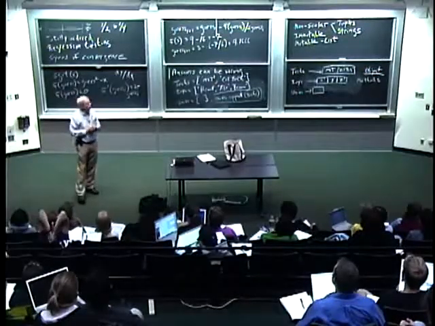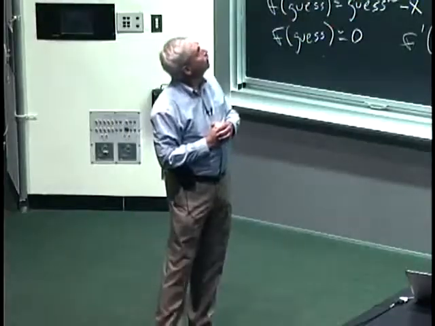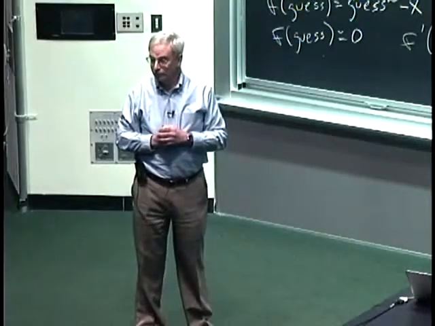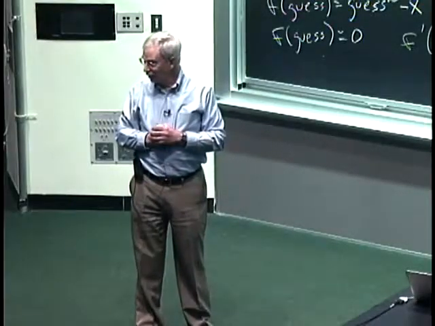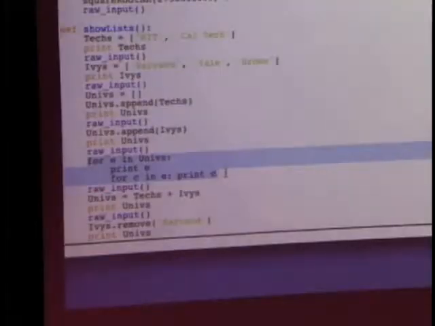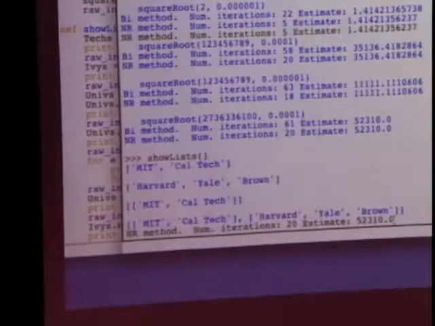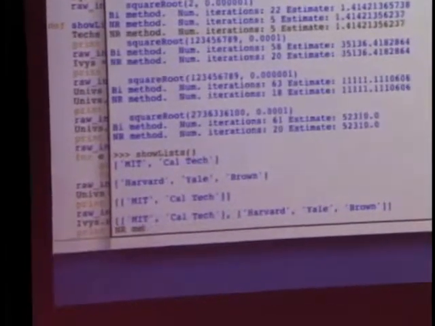So the first thing we'll do is we'll print the element. In this case, it will be a list, right? Because it's a list with two lists in it. Then the next thing in the loop, we're going to enter a nested loop and say for every college in the list E, we're going to print the name of the college. So now if we look at what we get, do not want to try and execute that.